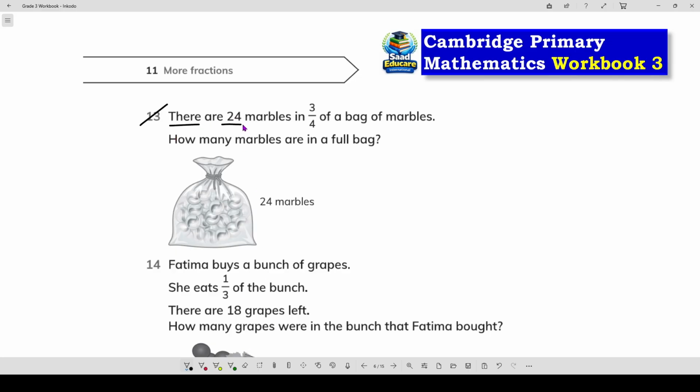Number 13, it's related to question 11. There are 24 marbles in 3/4 of a bag of marbles. What does that mean actually? First we have to understand that 3/4 of the bag equals 24 marbles, right?